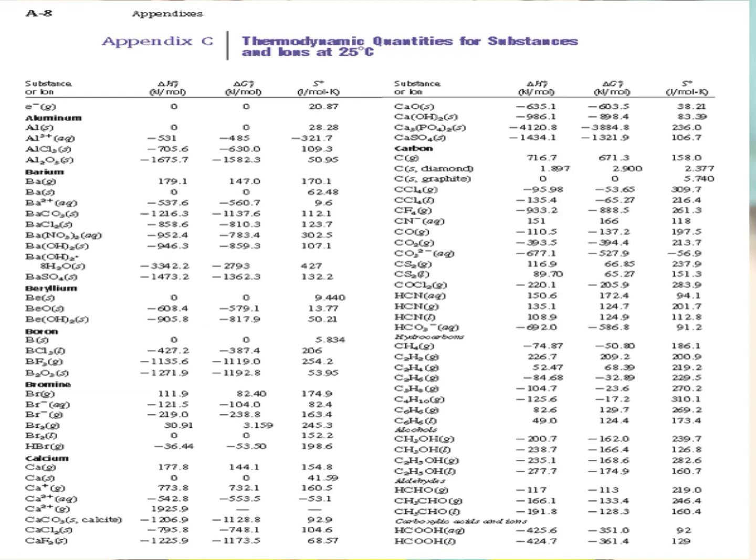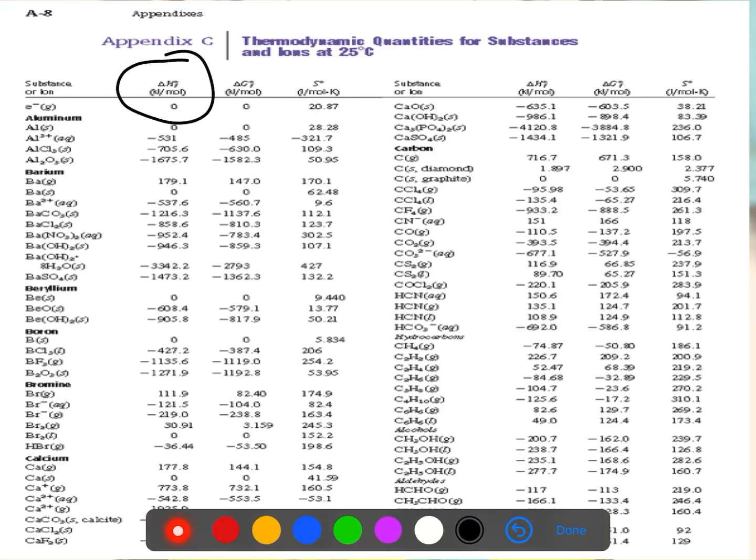So when you look at a table of values, again, the delta H values are going to be in kilojoules per mole, and the delta S values are only in joules per mole Kelvin. Again, the delta H factor numerically is a lot more significant than the delta S factor, but the delta S factor does play a part. Now, notice there's a unit for temperature, right?